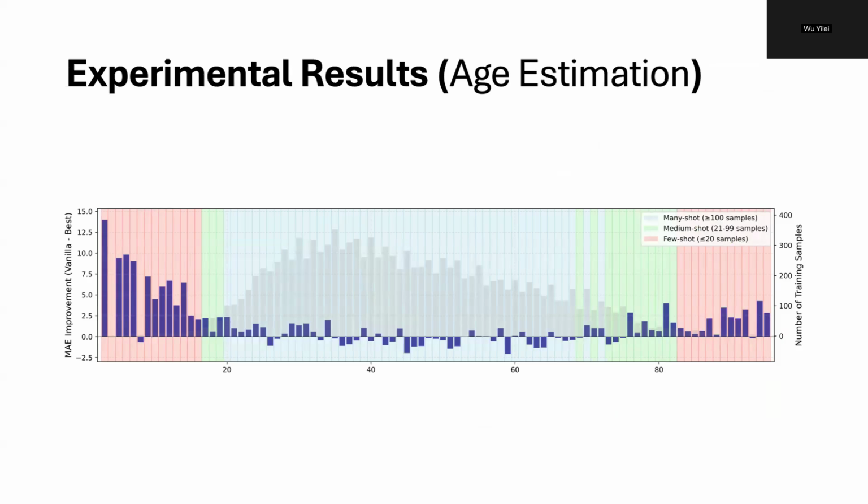Here is the result for the age estimation task. We visualize the performance gain across the whole age range. The gray areas represent the original label distribution. We can see that there are a lot of middle-aged samples and very few at extremes. And the solid blue bar represents the performance gain.